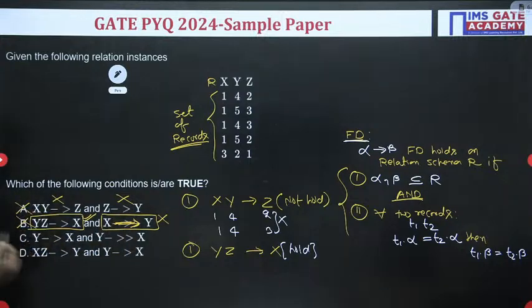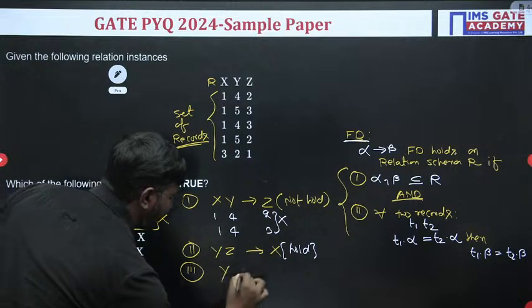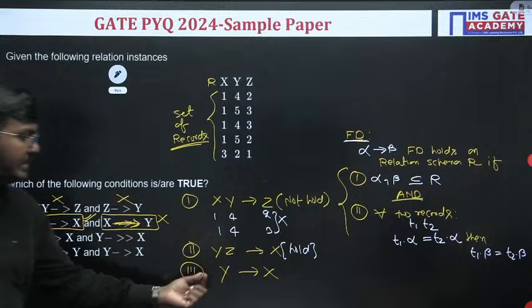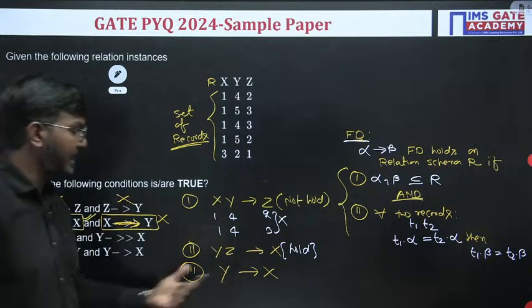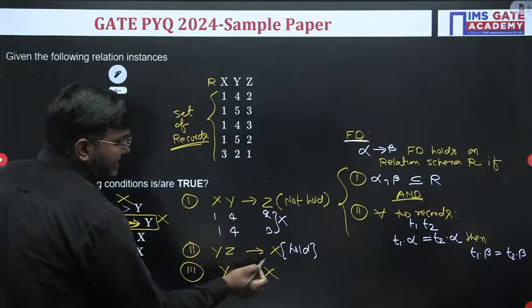Option C here, y goes to x. It says that if the y value is the same, then the x value must be the same.